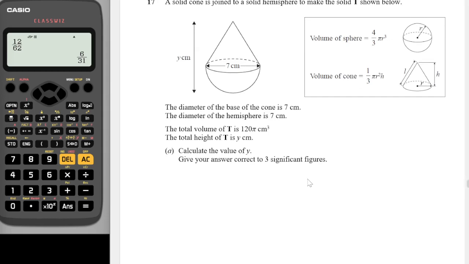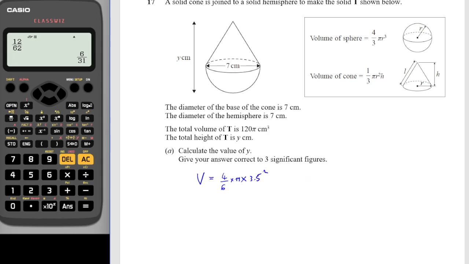Okay, so the total volume of the shape is going to be equal to the volume of the hemisphere, which is half of this. So it's in effect going to be 4 over 6, because all I'm doing is halving this, times pi, times r cubed. And we know the value of r, so I can type that in as 3.5 cubed.